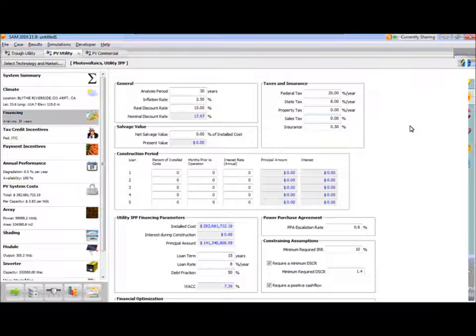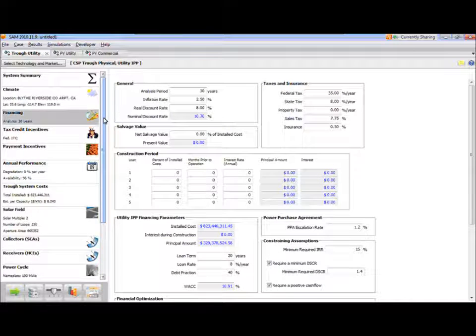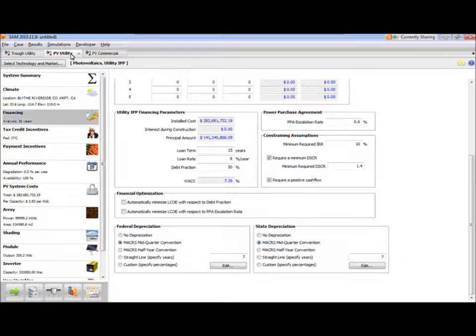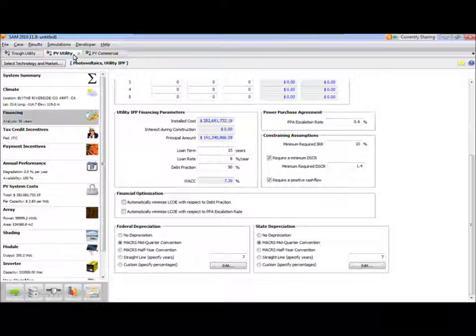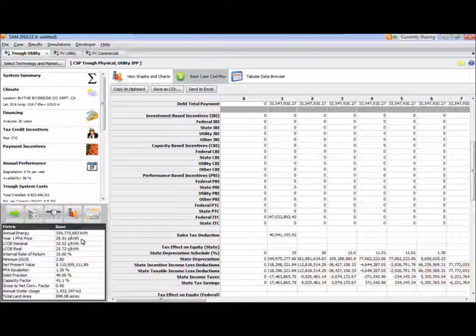But more importantly, we've got a 0.6% escalation rate for PV and 1.2% escalation rate for Trough. We've got a 50% debt fraction for PV and 40% debt fraction for Trough. Those are factors that are contributing to the difference in cost of energy and PPA price for the two cases.